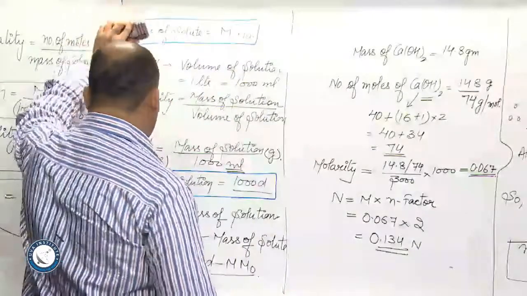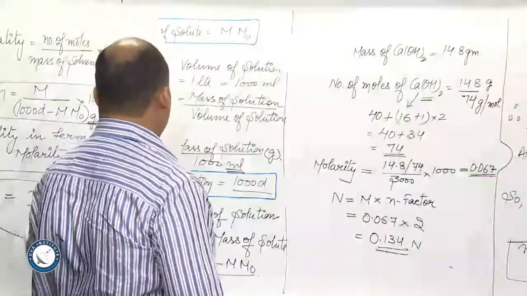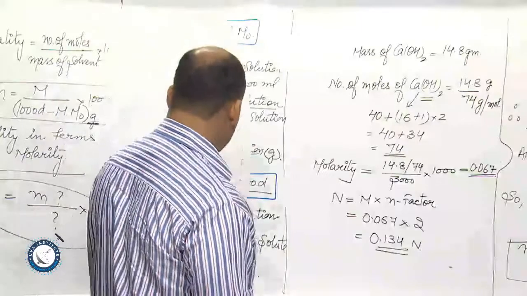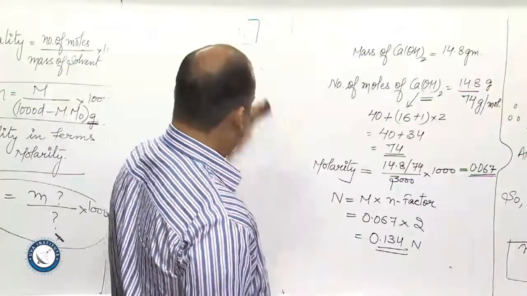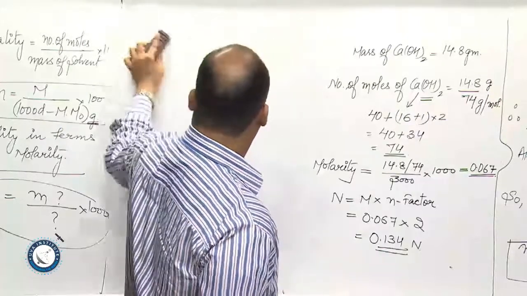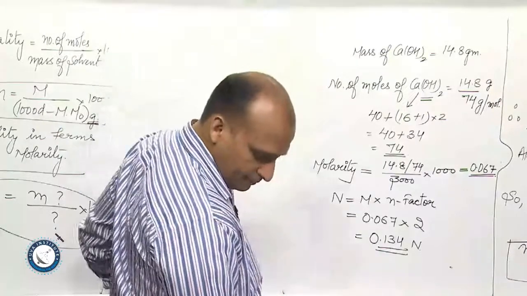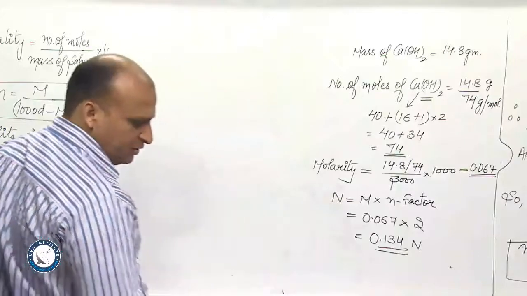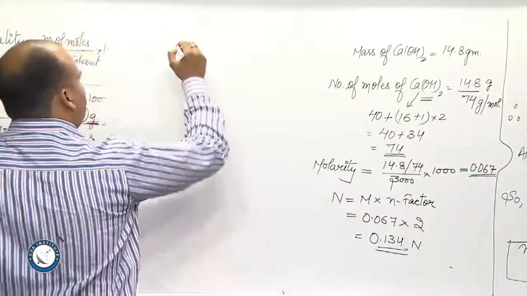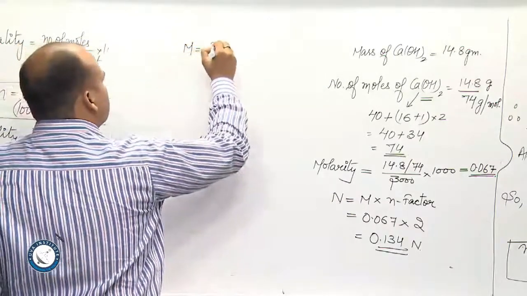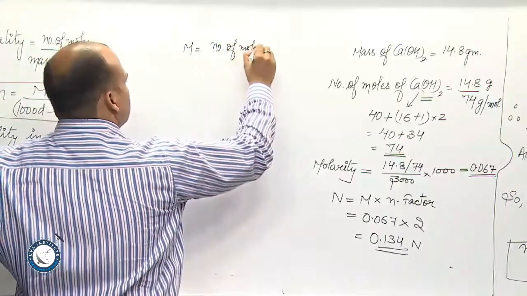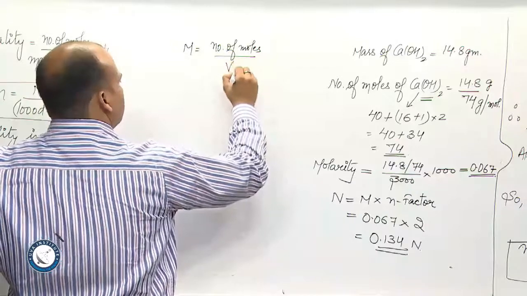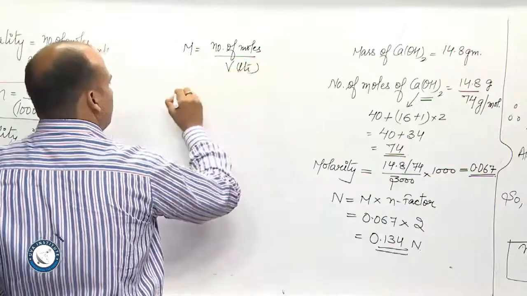And then we have to find out moles in 2.5 liter of solution. See beta, if molarity is given to us, we can find out number of moles because volume is also given.